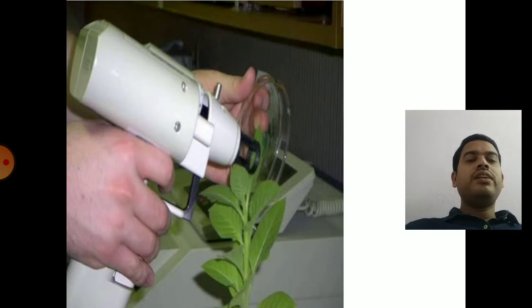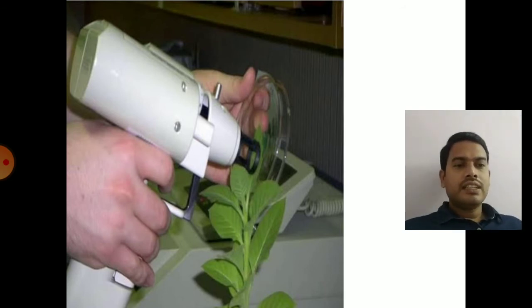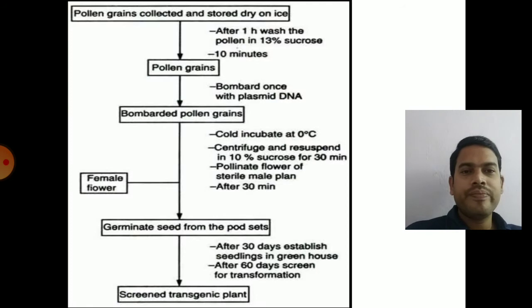This is a gene gun from Biorad, where it is loaded with gold particles coated with your transgene, and now the gene gun is triggered directly onto the leaves, where your transgene will be introduced into the chloroplast or the genome of the plant, where it is expressed. So this is how you introduce your transgene by the biolistics or gene gun method.